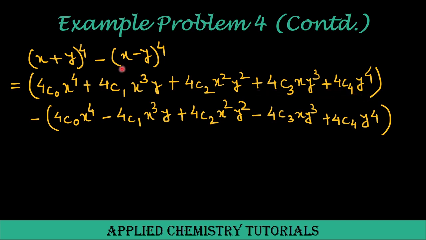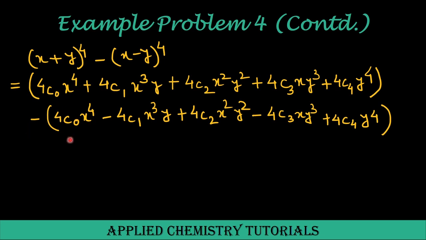And similarly we can rewrite (x - y)^4 here, so it will become minus, in the bracket, 4C0 x^4 - 4C1 x^3 y + 4C2 x^2 y^2 - 4C3 x y^3 + 4C4 y^4. And we can clearly see that this is plus 4C0 x^4 and this one is minus 4C0 x^4 if we take this out of the bracket.